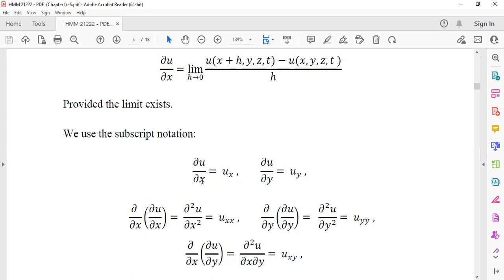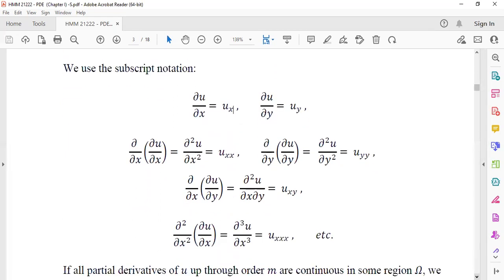For example, ∂u/∂x is written u_x, and if it is f, f_x. The subscript shows with respect to which independent variable we are taking the derivative, while the letter is the dependent variable. This will be very handy.